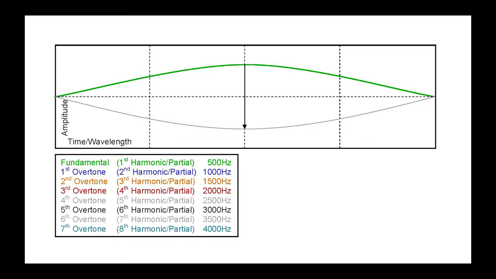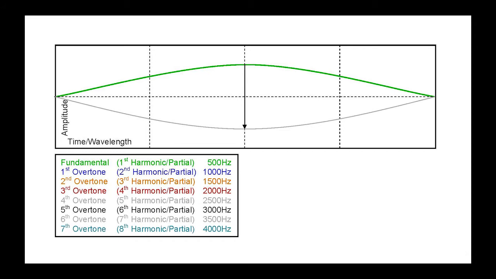The horizontal axis can represent time if we're tracking the motion of a string, or it can represent distance if we're showing wavelengths, but for our purposes, I would like it simply to represent a string, where one endpoint is the bridge and the other endpoint is the nut. And the center dashed line that runs horizontally across the grid represents the string's position when it is at rest.